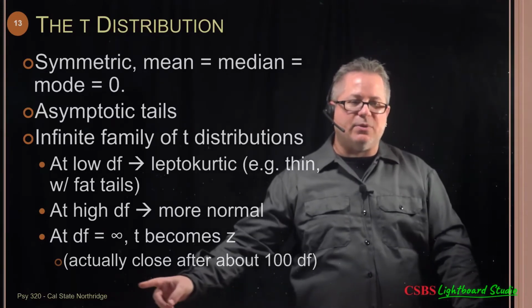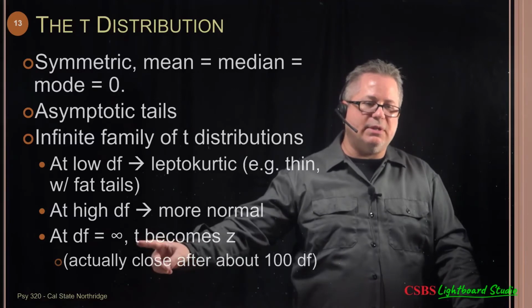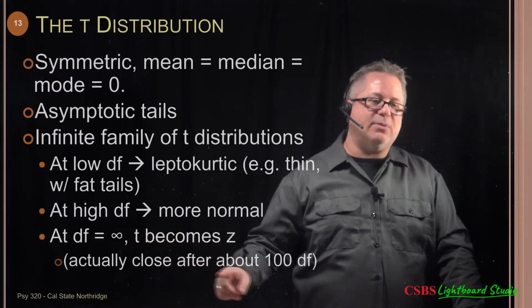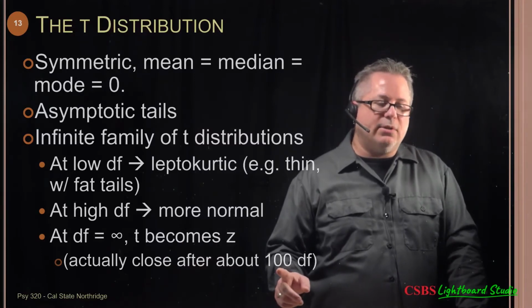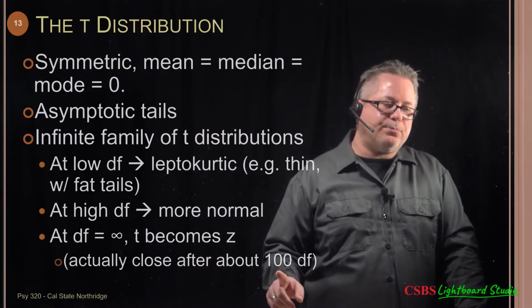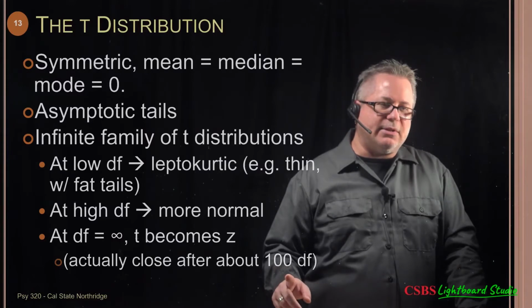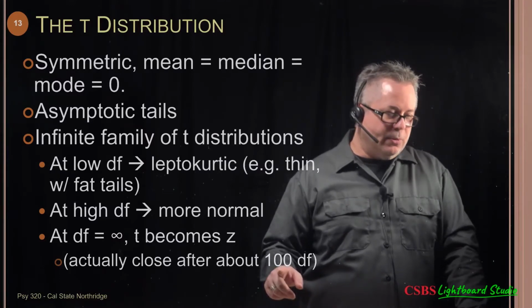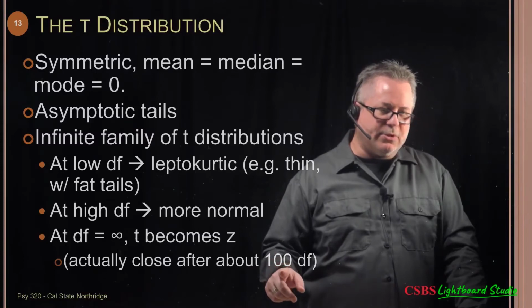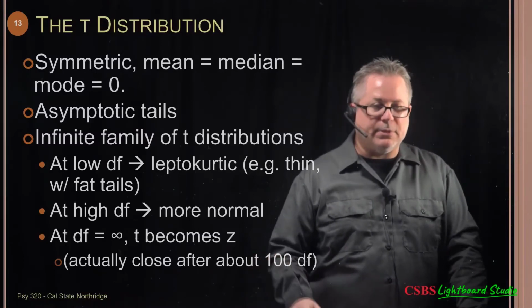The reality is, though, they actually get close. T and Z become pretty close, even at about 100 degrees of freedom. So if you have 101 people in your sample, T and Z are already fairly close. Once you get to a large enough sample, the adjustment starts to become much smaller.